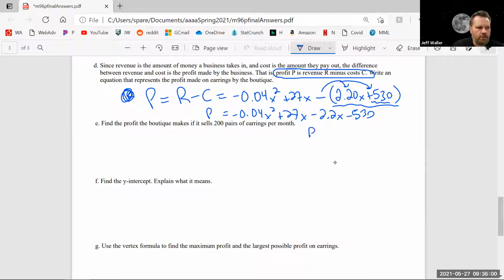So then I end up with profit is negative 0.04x squared, let's see, plus 24.8x minus 530.